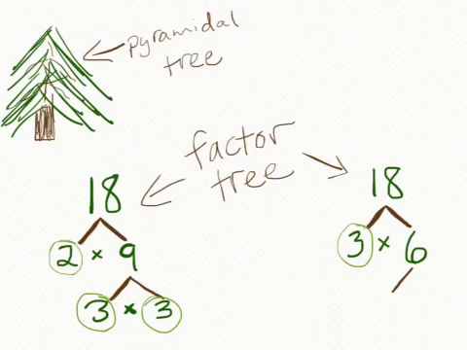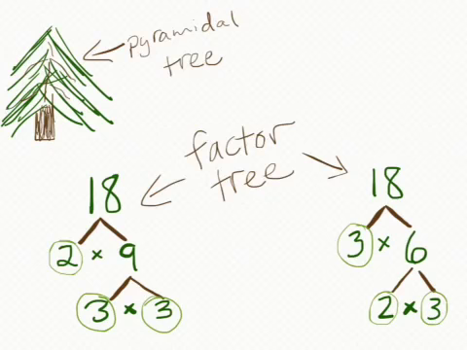I'll do 2 times 3. And then ask yourself, am I at the end of a branch yet? If the answer is yes, that must mean that you've got prime numbers. And in fact, we do have prime numbers. We've got a 2 and we've got a 3. So our pyramidal tree is done.